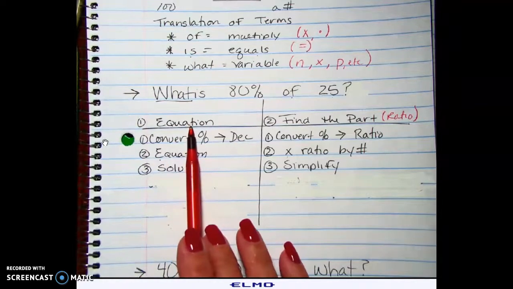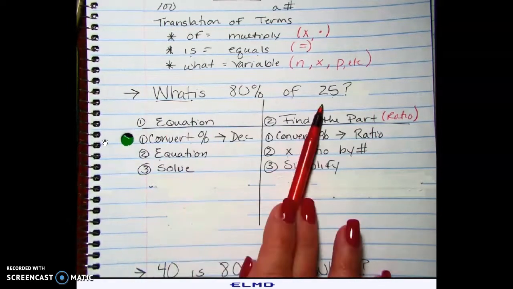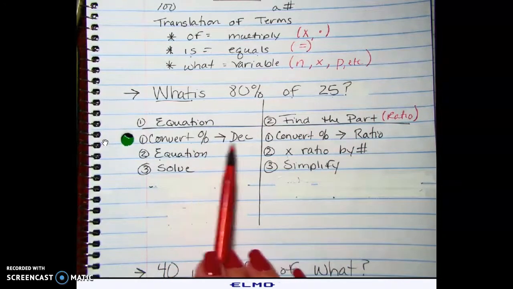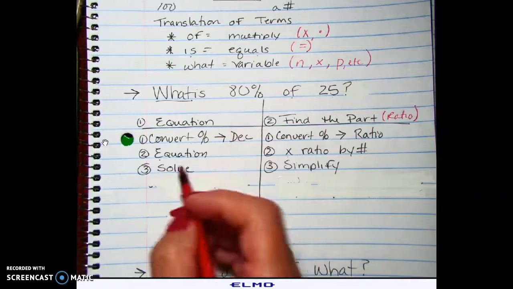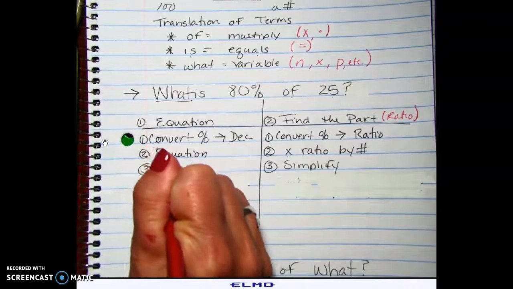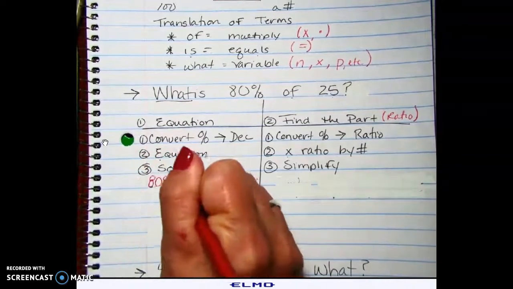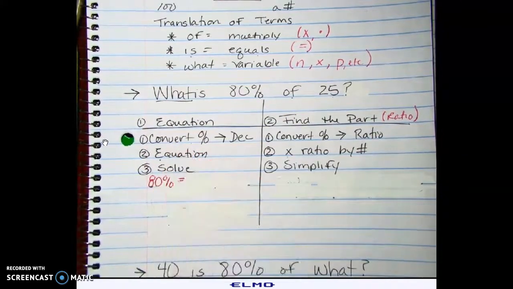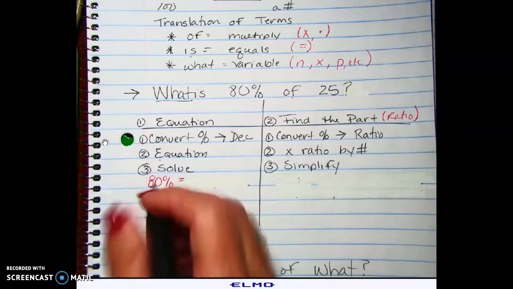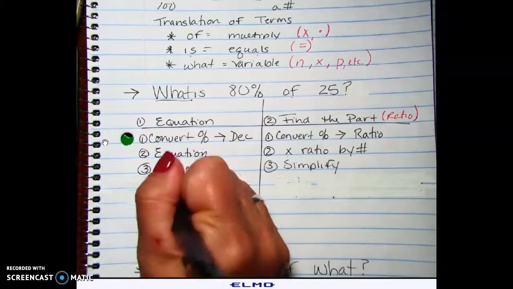We're going to start with the equation, how to turn this into an equation. First, we're going to convert the percent to a decimal. So let me go ahead and do that. So we have 80%, which if you remember, there's a couple different ways we can do this. We would say the decimal is right here.